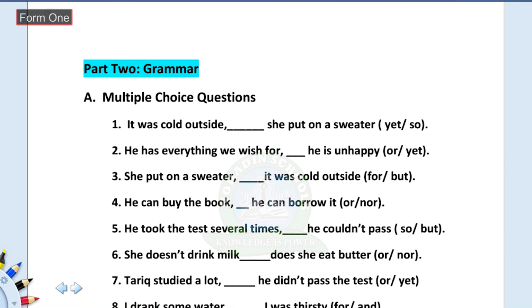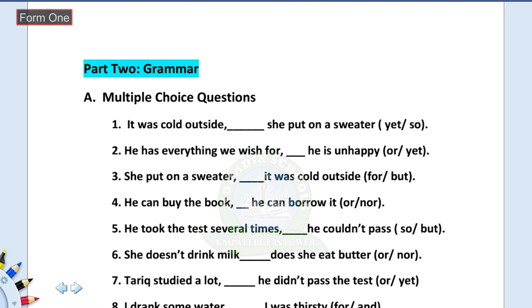Now let us move to the second part of our lesson, the grammar. A, multiple choice questions. It was cold outside, dash, she put on a sweater.